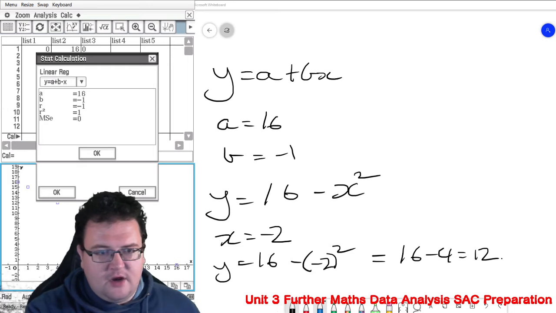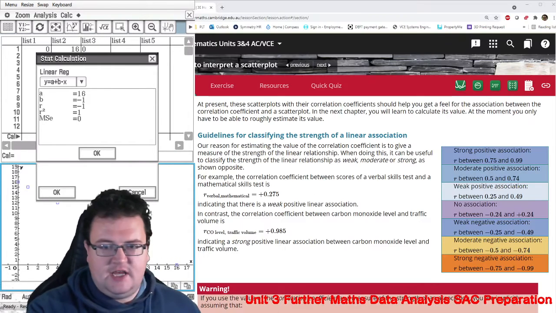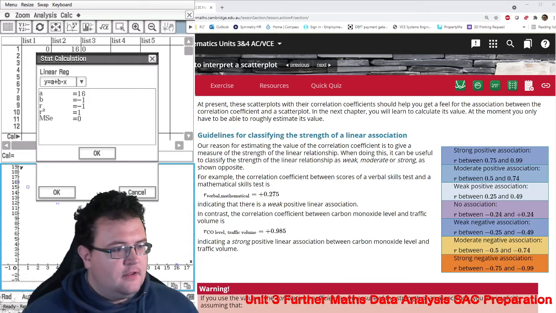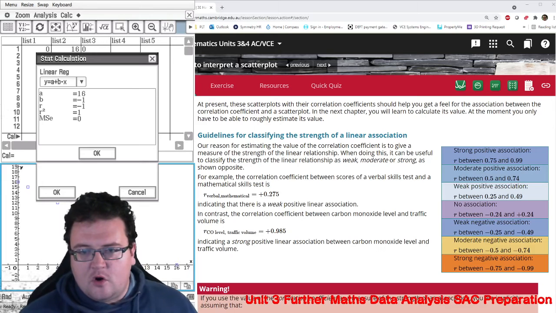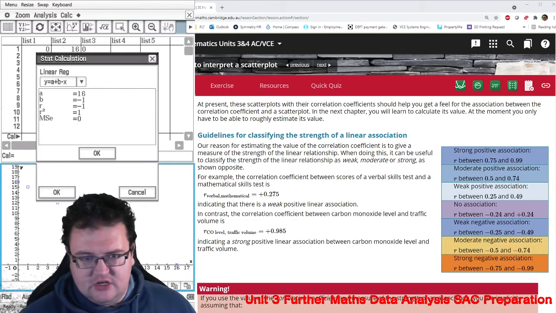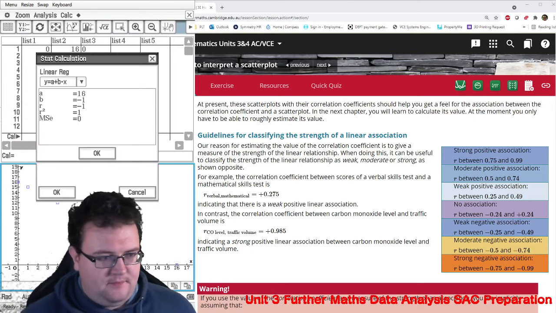Part of 3E. I'm just going to bring up 3E. There it is there. Yeah, that one over on the far end there. Strong positive association, strong negative association. A perfect association would be 1 or -1.